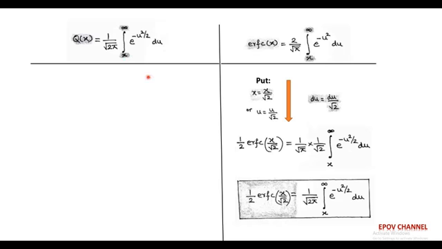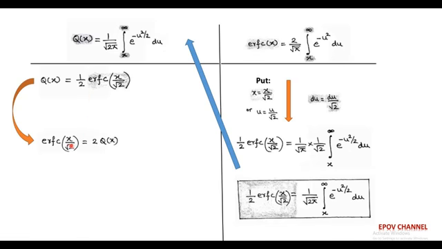So Q function of x equals 1 upon 2 complementary error function of x upon root 2, or we can write complementary error function of x upon root 2 equals twice of Q function of x, or the complementary error function of x equals twice of Q function of root 2 x.